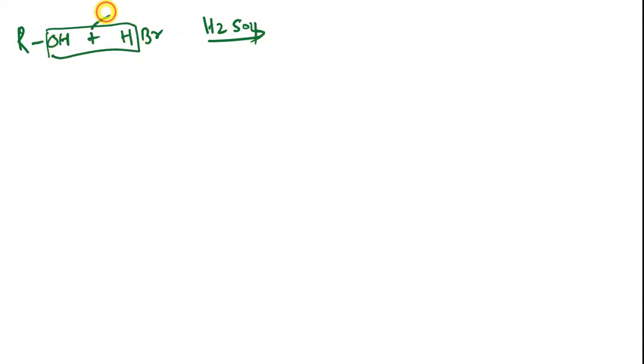In the case of hydrogen bromide, ROH plus HBr, we have to use a dehydrating agent like H2SO4. The same kind of reaction takes place. As usual, the H2SO4 removes water because it's a dehydrating agent, and we get RBr plus H2O, right?